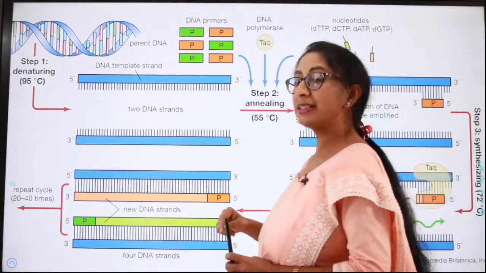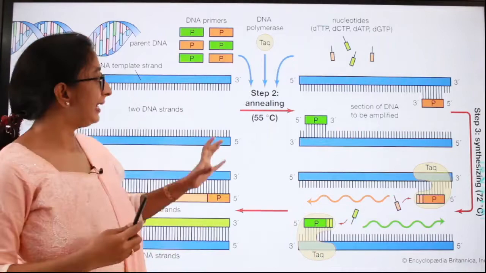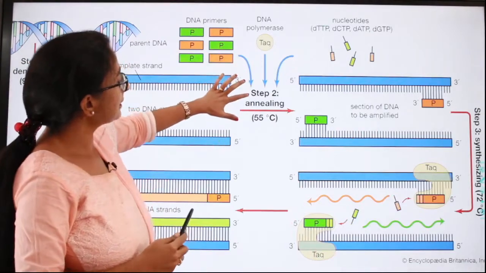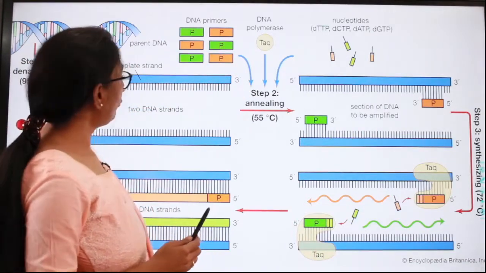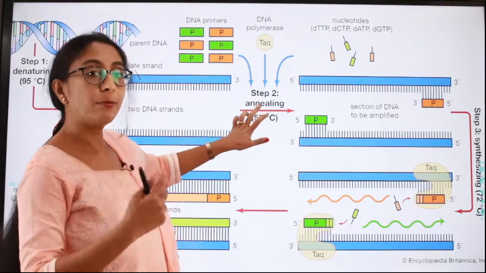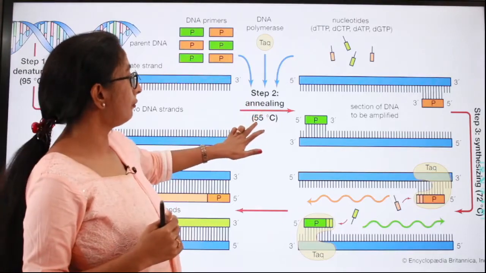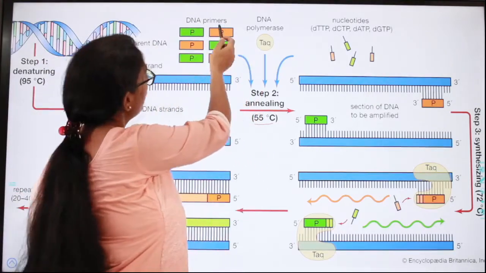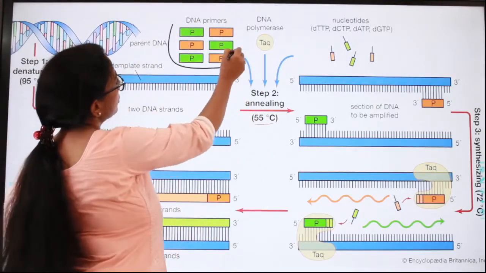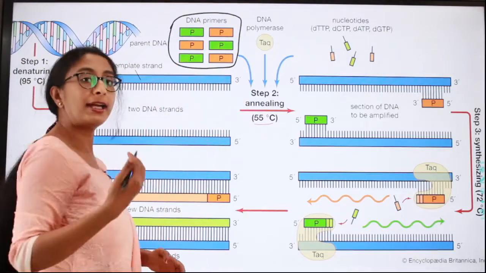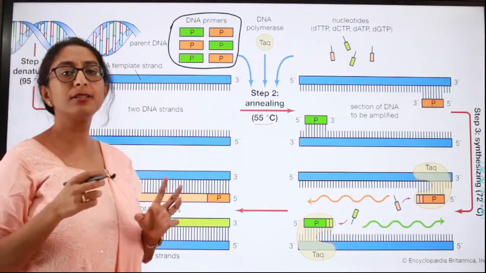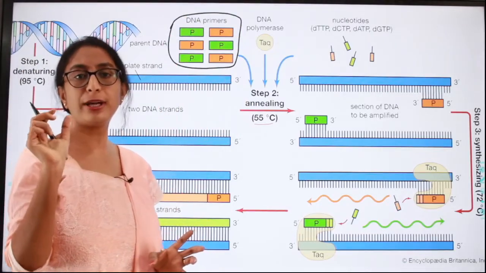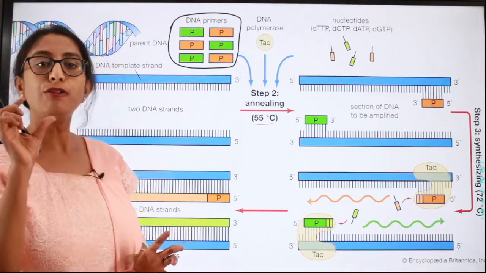Now moving on to the second step, which is annealing. From 95 degrees Celsius, the temperature is lowered to 55 degrees Celsius. Now these DNA primers, I already told you what DNA primers are: short oligonucleotide stretches of DNA.